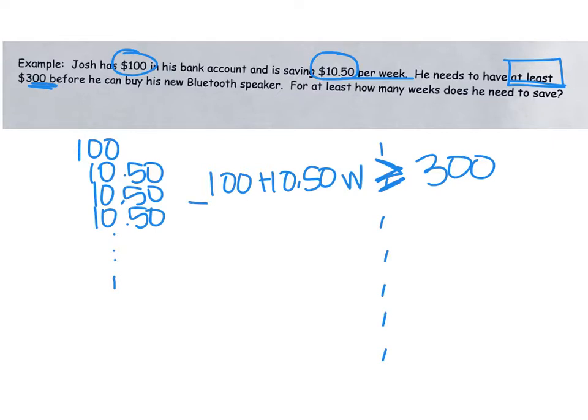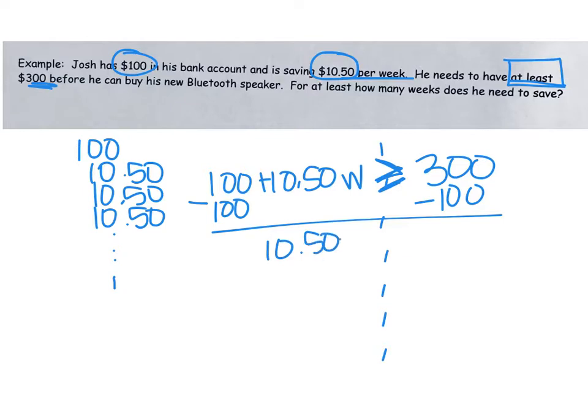To solve, I subtract 100 from both sides. I end up with 10.50W greater than or equal to 200. I'm not multiplying or dividing by a negative. I divide both sides by 10.50. Hold on while I do a quick calculation.